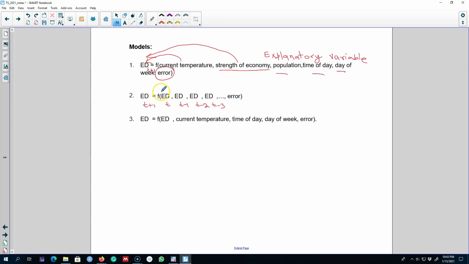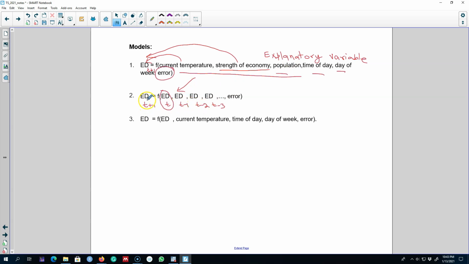Rather, we are assuming that whatever factors were affecting electricity demand at the previous time period, those factors will keep on affecting the electricity demand in the future. So essentially, electricity demand in the past contains information about all these factors. So these past values indirectly capture the effect of all those explanatory variables, but we are not including these explanatory variables explicitly in our model.